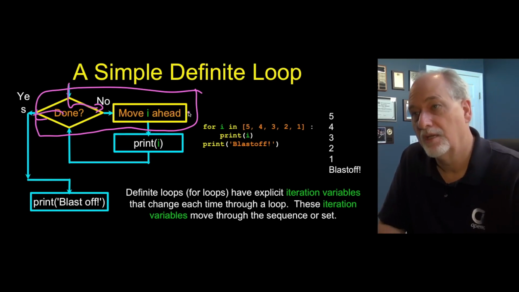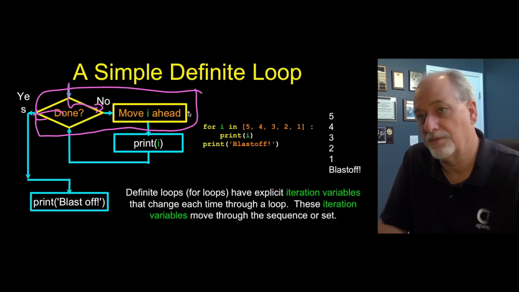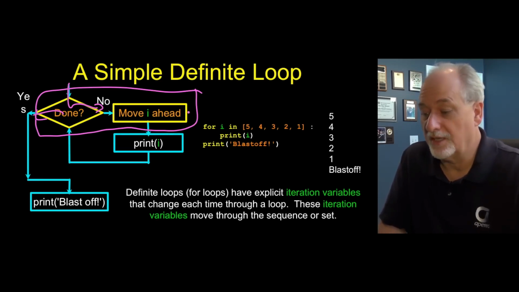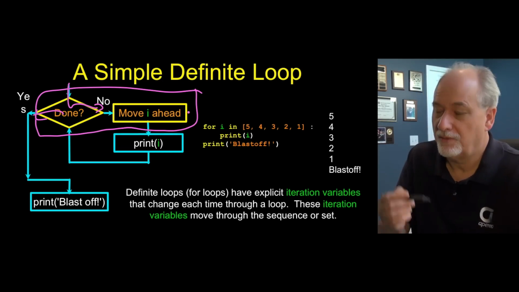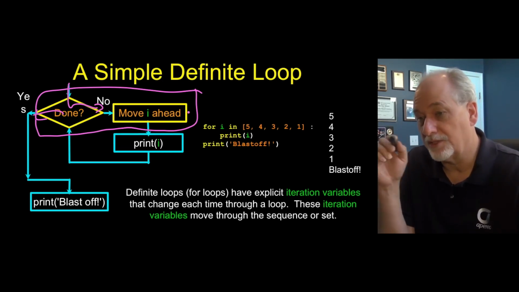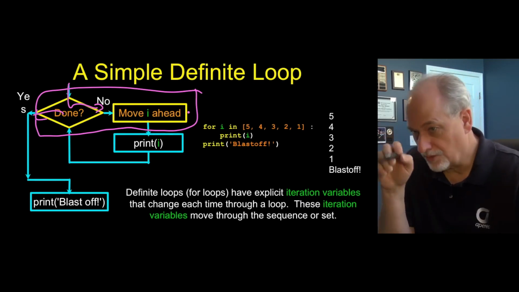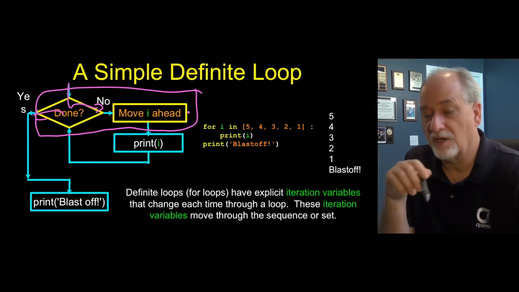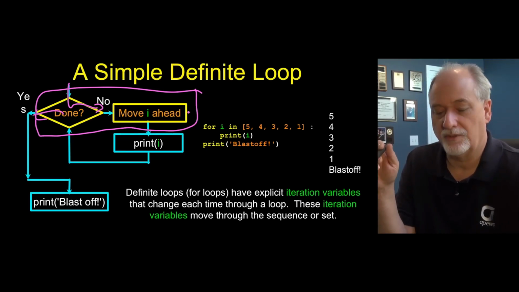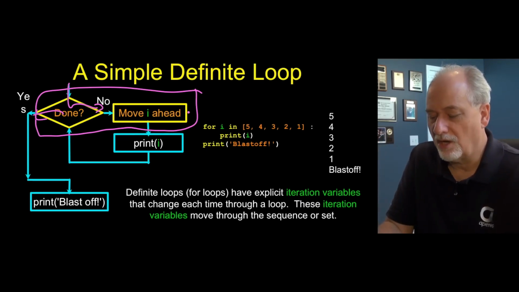It's managing the iteration variable, and initializing it too. If you go back to the while loop, we had n equals 5, while n greater than 0, n equals n minus 1. So we had like 3 lines to control the loop and manage the iteration variable. But with a for loop, we don't have to do that. That's all taken care of.